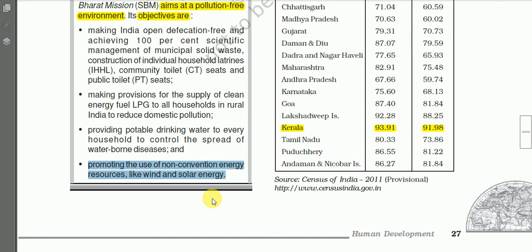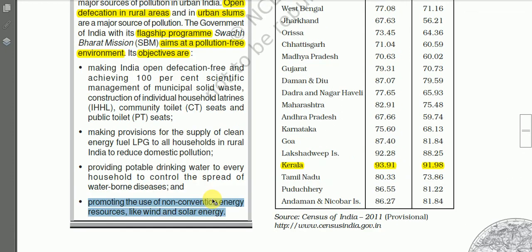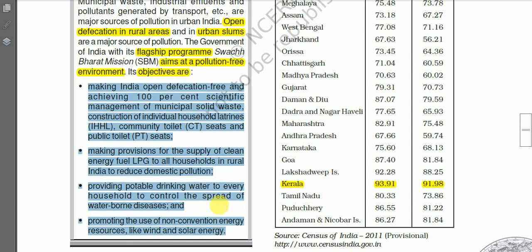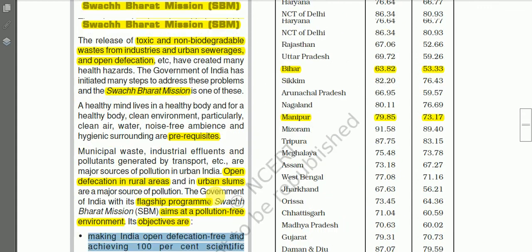Instead of using conventional energy resources like coal and petroleum, we must try to substitute them with non-conventional energy resources like wind and solar energy. So this is about Swachh Bharat Mission. You have to memorize the objectives of Swachh Bharat Mission because this is very important.